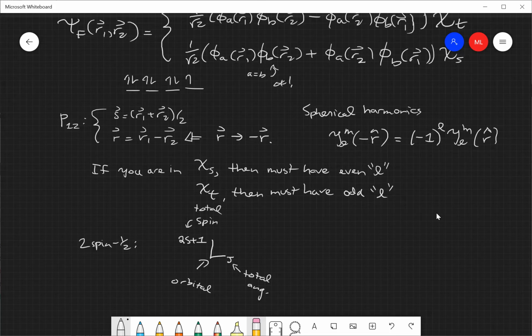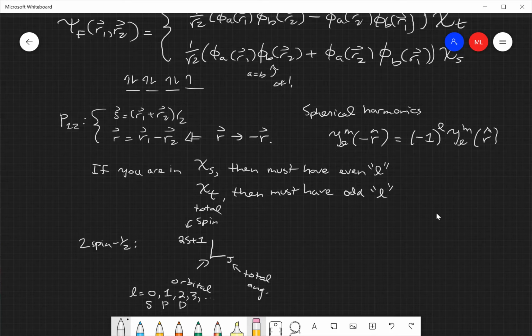And the orbitals are labeled by the value of L; depending on the value of L, they have different letters associated with them. This one is called S, this one is called P, this one is called D. So you can specify the states of two spin 1/2 particles with this funny letter, with the superscript and subscript.